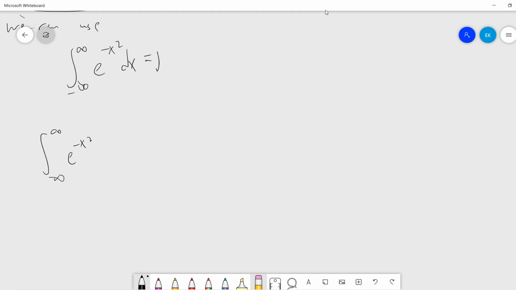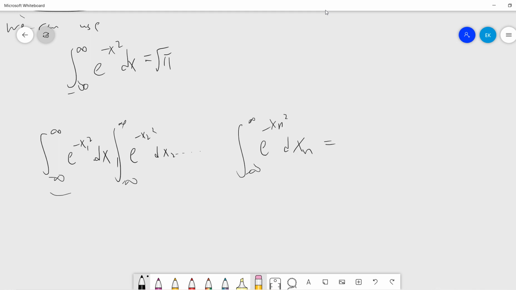The standard technique is that we take the n-dimensional integral. Basically we take n of this, and this is pi to the n over 2.